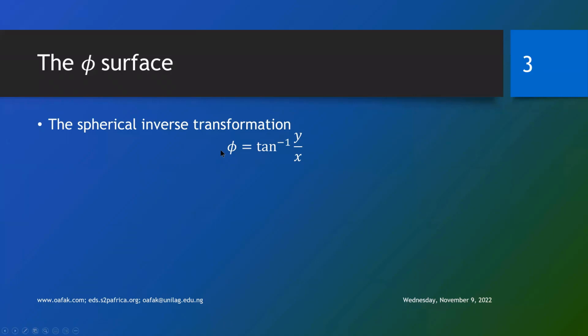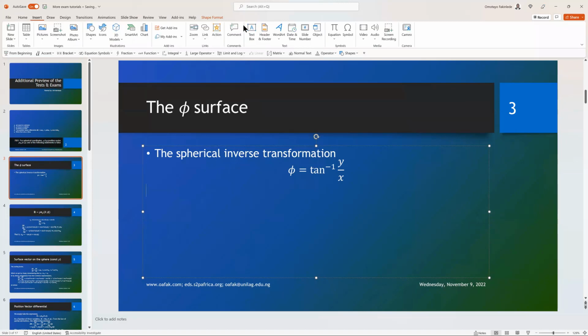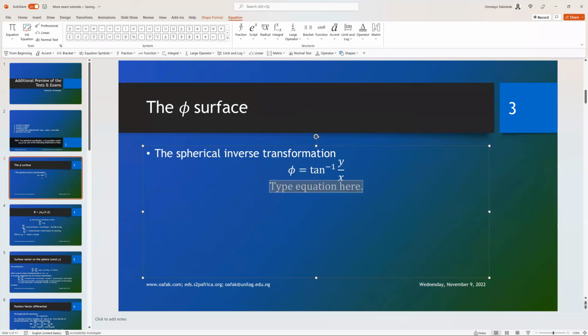So if theta is constant, that means that the arctan of y over x is constant. That also means that y over x is constant. And that can easily be seen to mean that y is equal to x plus constant.